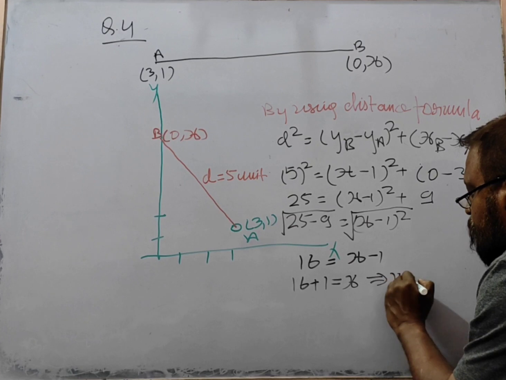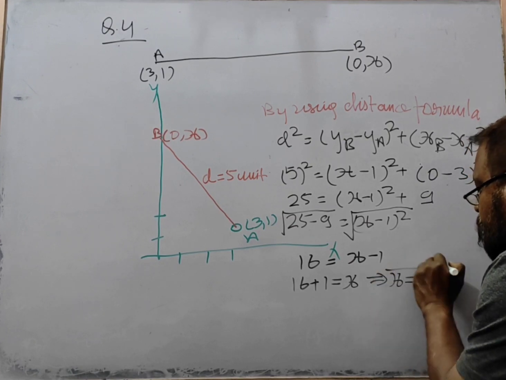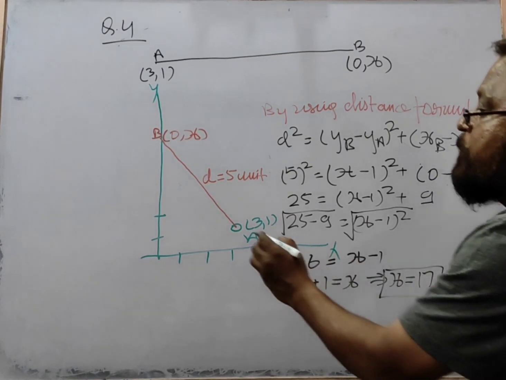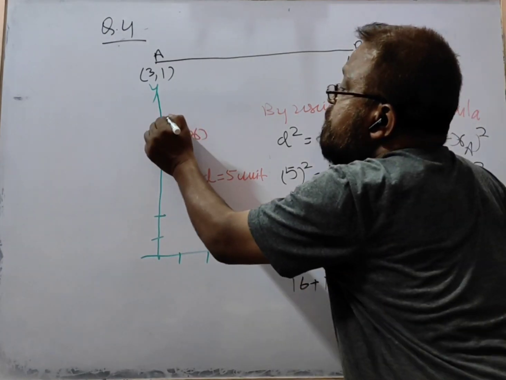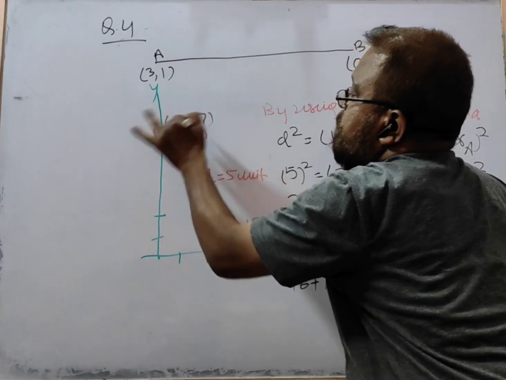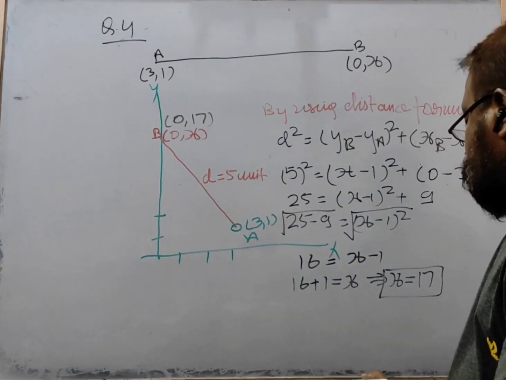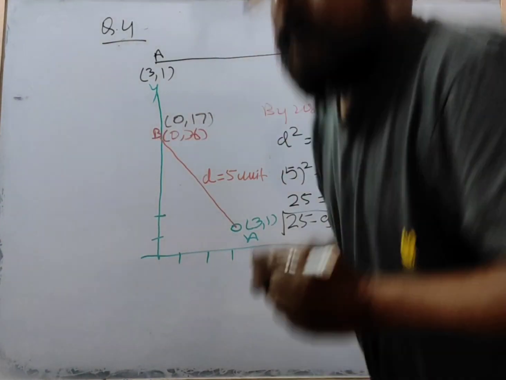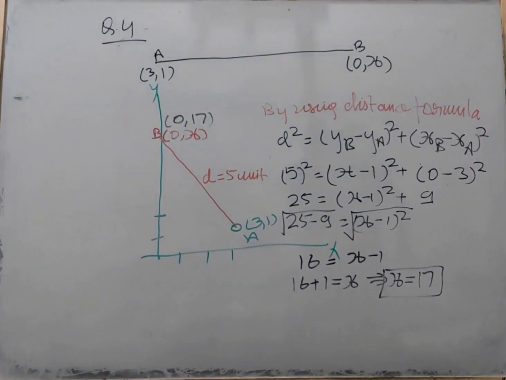Therefore, x is equal to 5. So coordinates of B are 0, 5. This is the solution of question number 4.